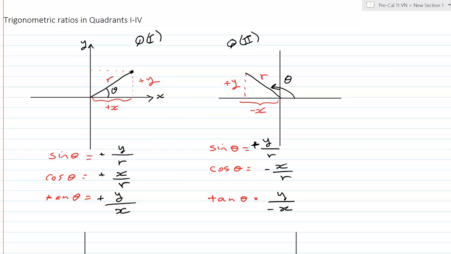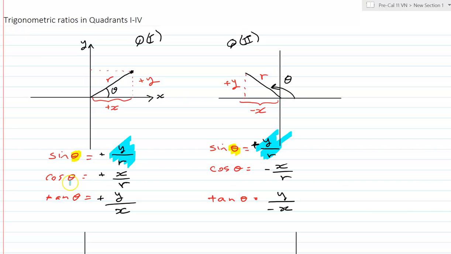Notice that the standard position angle in quadrant 1 and the standard position angle in quadrant 2, which is more than 90 degrees, less than 180 degrees, are giving you the same ratio. They're the same, but it's actually two different angles. So that's very important to know.